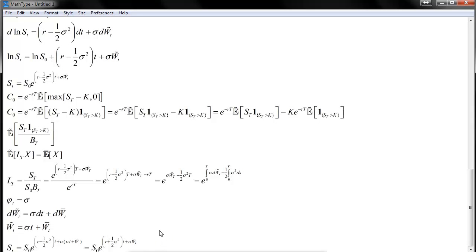Okay, so this is the dynamics of S under the new measure, which is this measure.